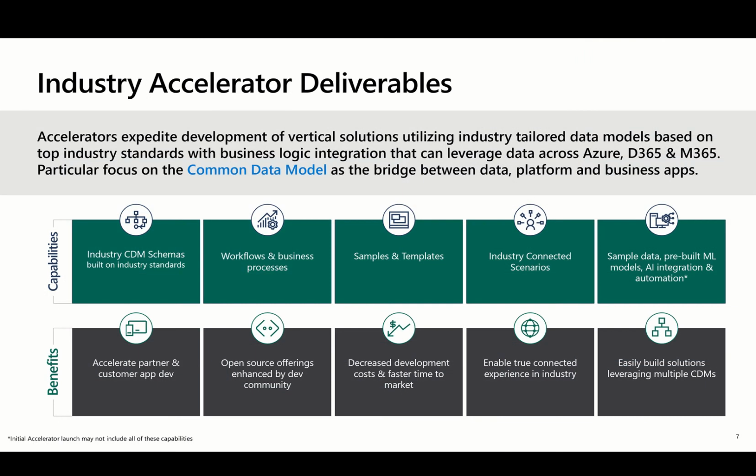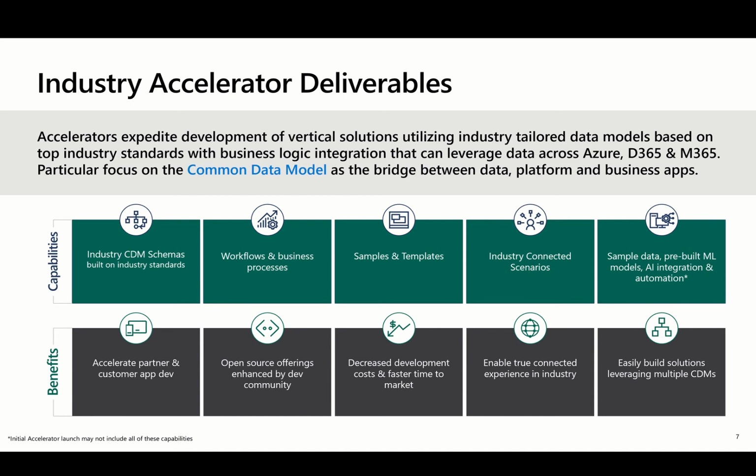Each of the industry accelerators is intended to really help you as a developer get to your end goal quicker. So how do we do that? We have several different deliverables. We build on the common data model by releasing these extension schemas that are mostly based around either industry standards or industry common practices or best practices. So we release a schema with a series of entities. Then we implement those entities in a variety of different ways. We create workflows and business processes.